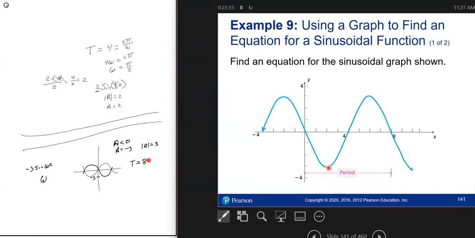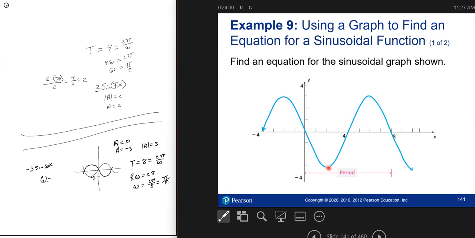So 8 equals 2 pi divided by omega. So 8 omega equals 2 pi, and dividing by 8, we get omega is 2 pi divided by 8, or pi over 4.